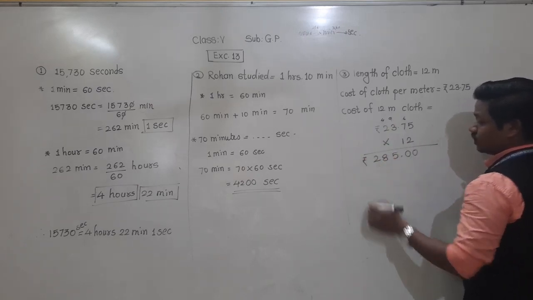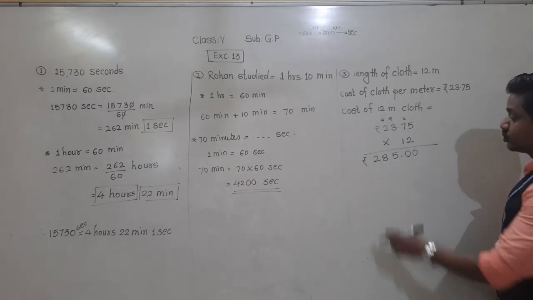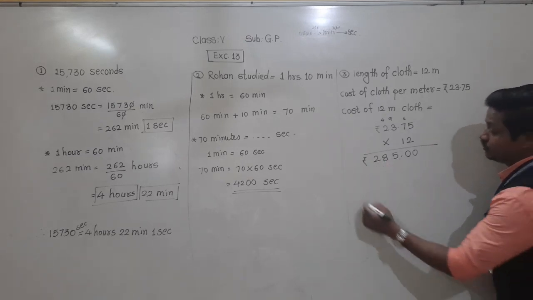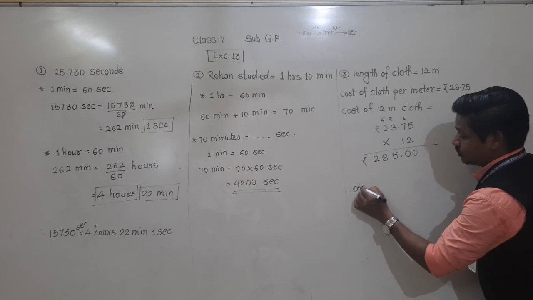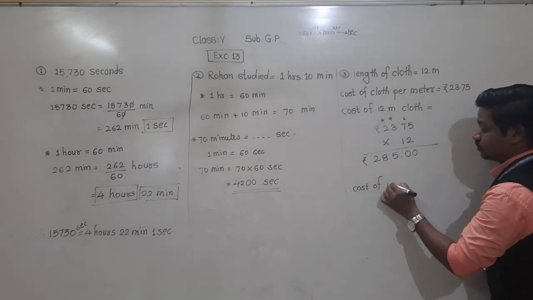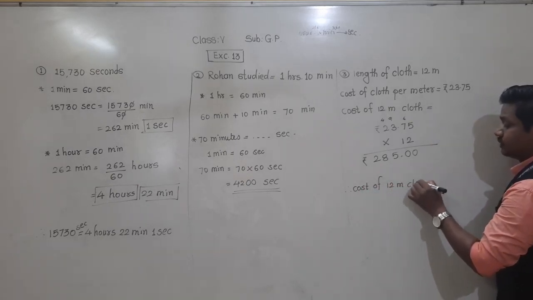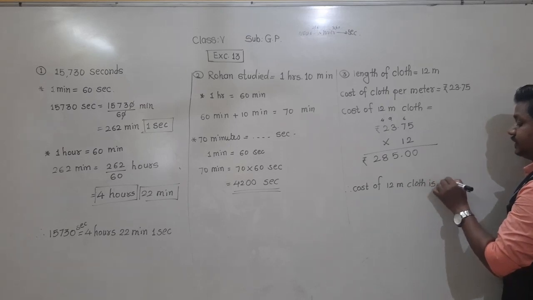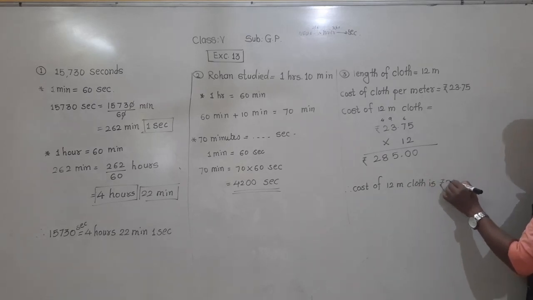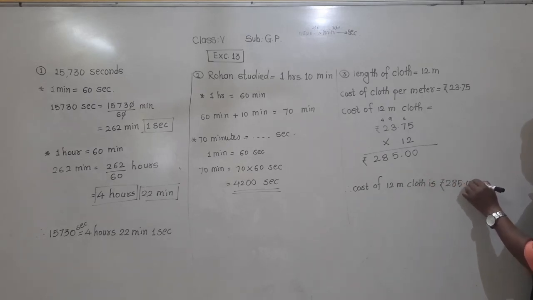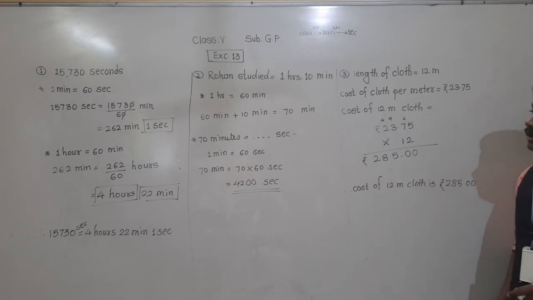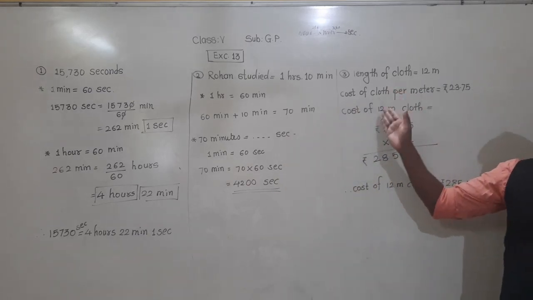So rupees 285.00, means 285 rupees is the cost. So the cost of 12 meter cloth is rupees 285.00. Okay.